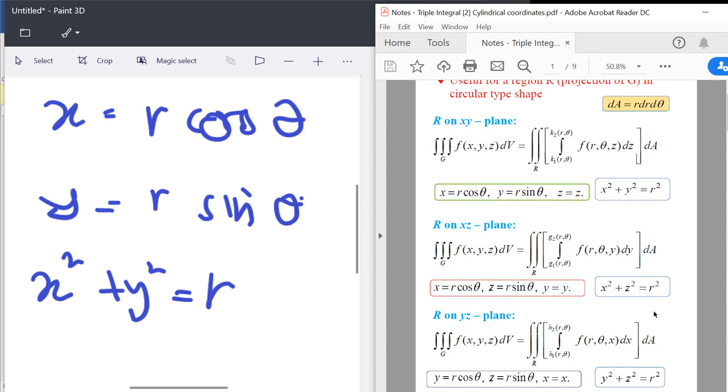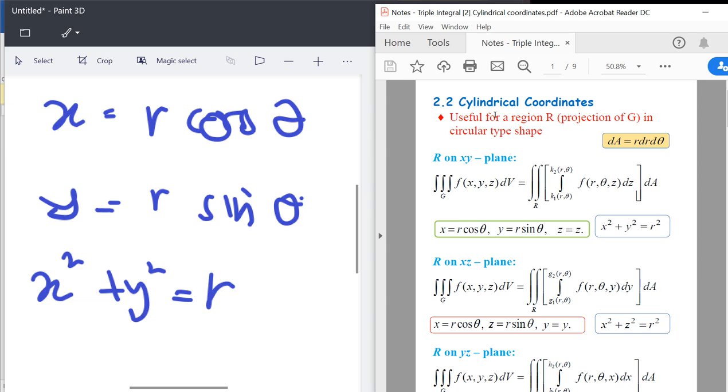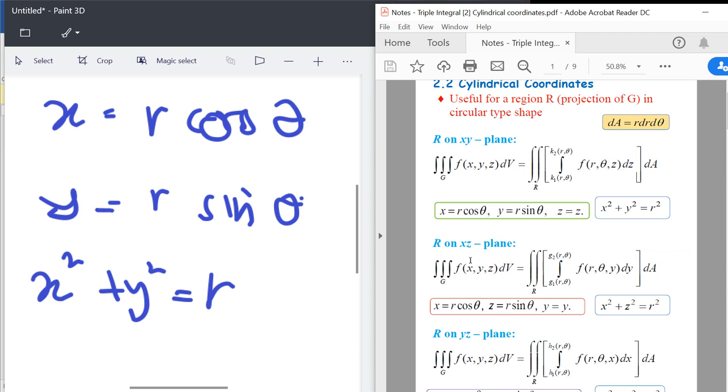Please remember, cylindrical coordinates are basically a reflection of the polar coordinates that you have learned in double integral. If the projection is on the xy plane, z remains as z. If on the xz plane, y remains as y.